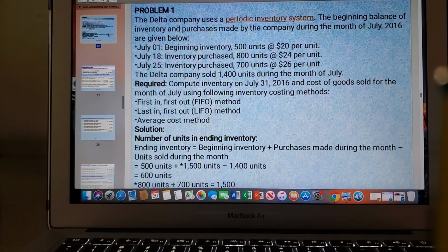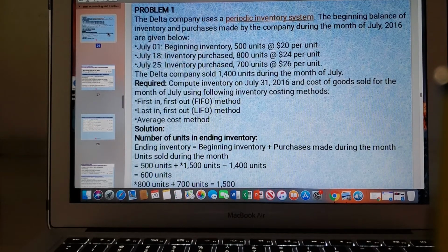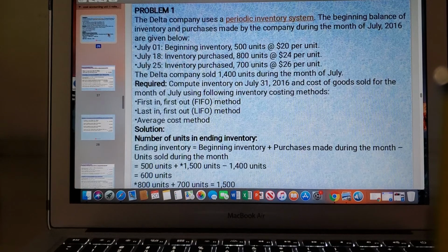July 18th, inventory purchased 800 units at $24 per unit. July 25, inventory purchased 700 units at $26 per unit. The Delta company sold 1,400 units during the month of July.